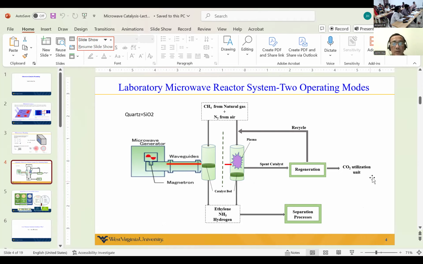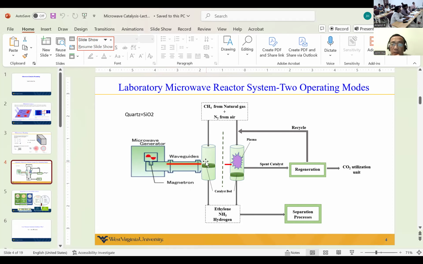Yes, sir, I understand. If microwave absorbers are present, then microwave is converted into heat, or the heat is absorbed. If no absorbent is present, then plasma will generate, sir. Shall I take it like that?